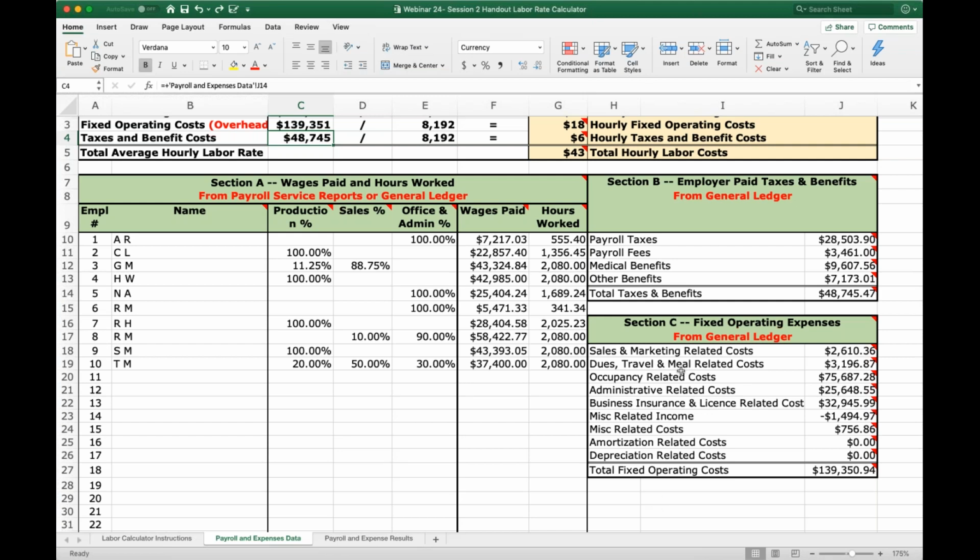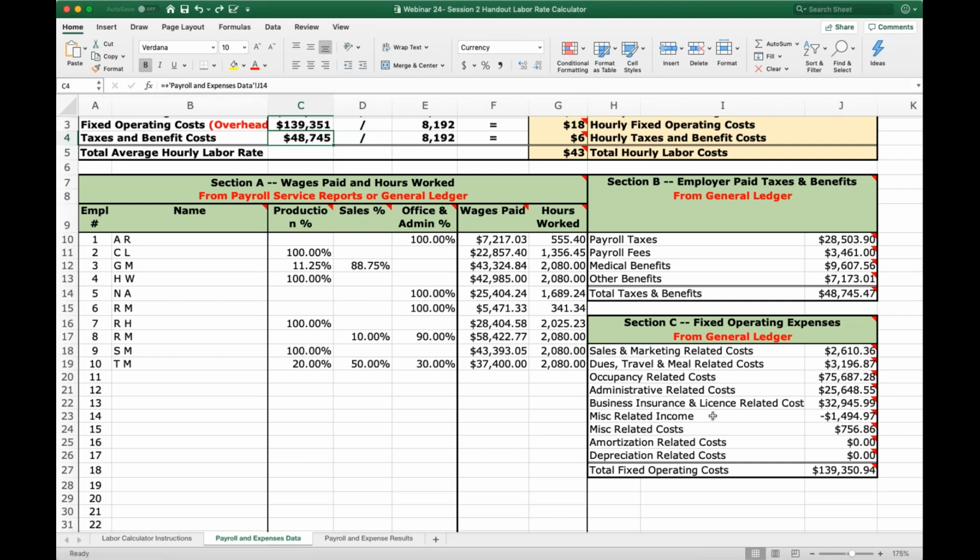The rent component is the same. So sales related costs, travel and meal related costs, occupancy for your rent, your utilities and janitorial services, administrative costs, business insurance and licenses, miscellaneous income.